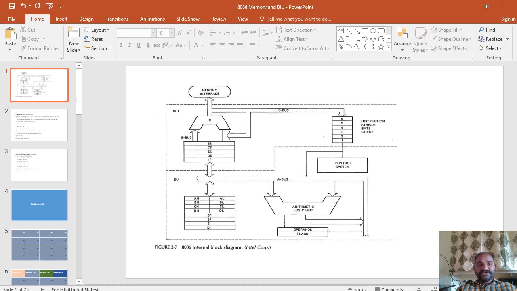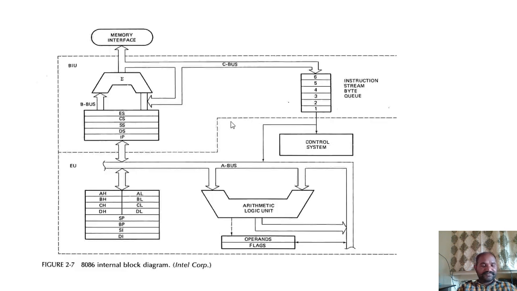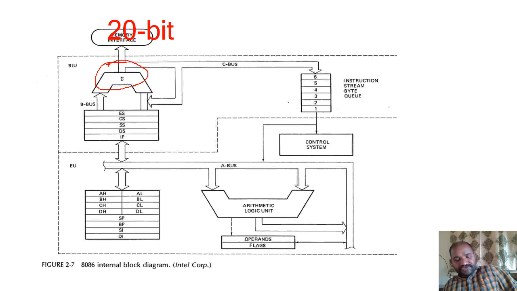It is placing the 20-bit physical address on the address bus to the memory. That is done by the microprocessor. The microprocessor takes the base address and the offset address, and forms the 20-bit address by adding them using the formula we have seen.